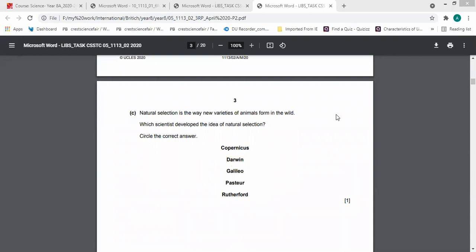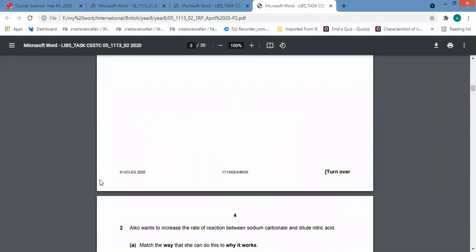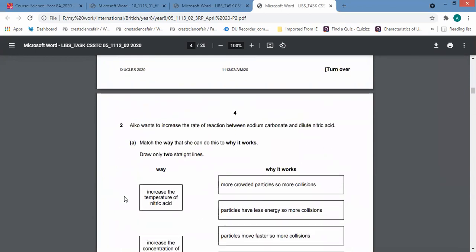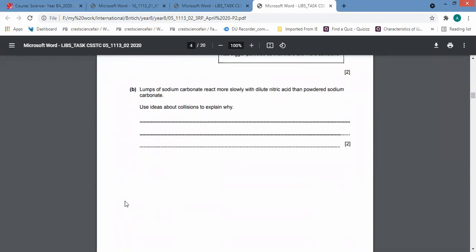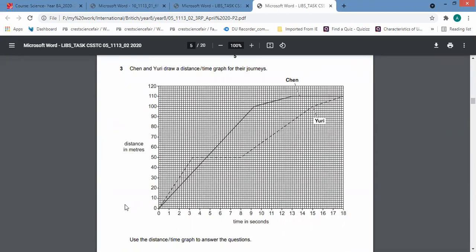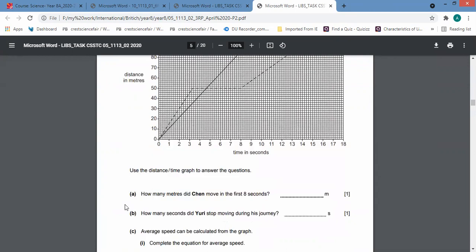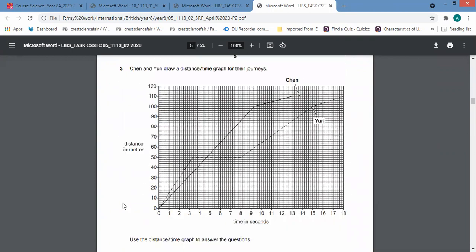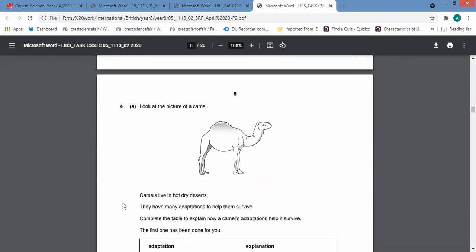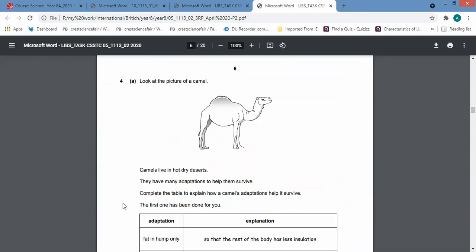Next. Increase the temperature, chemistry. Distance, physics. Look at it.